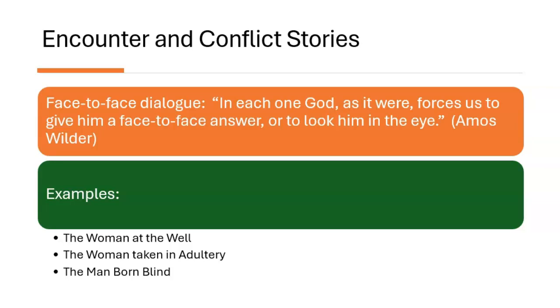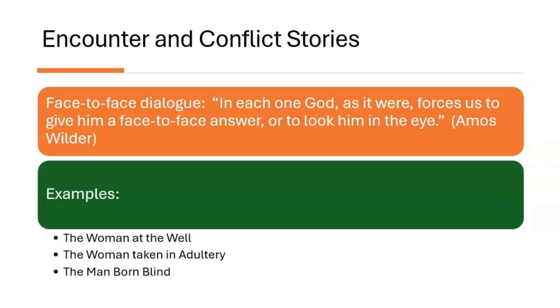So we have the woman at the well. Remember the story of the woman taken in adultery. She is the cause of the story, but the debate is really a conflict between Jesus and those who are the accusers of this woman. And we get to watch how Jesus works that out in such a way that he can show compassion to the woman, and he can teach those who oppose Christ. He could teach them what it means to be forgiving, what it means to be compassionate.